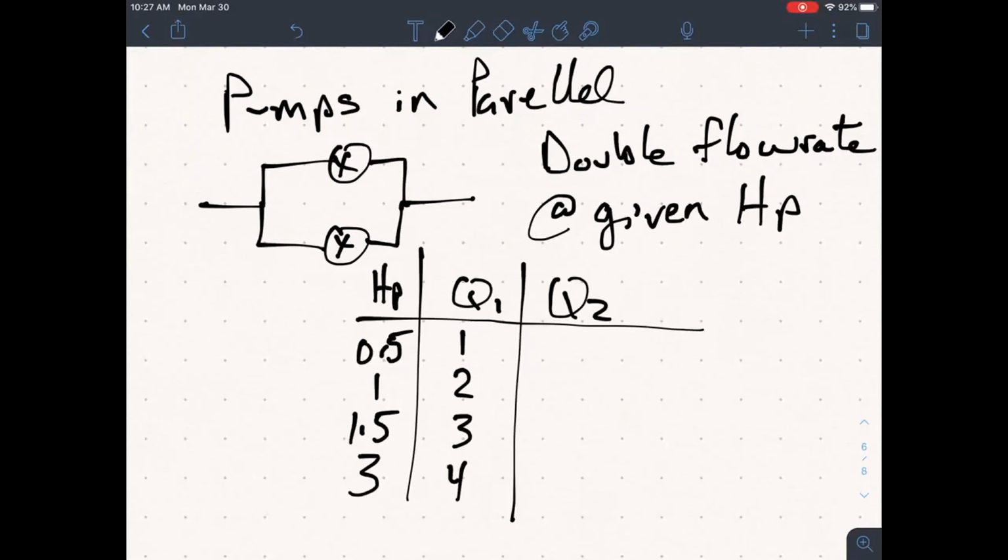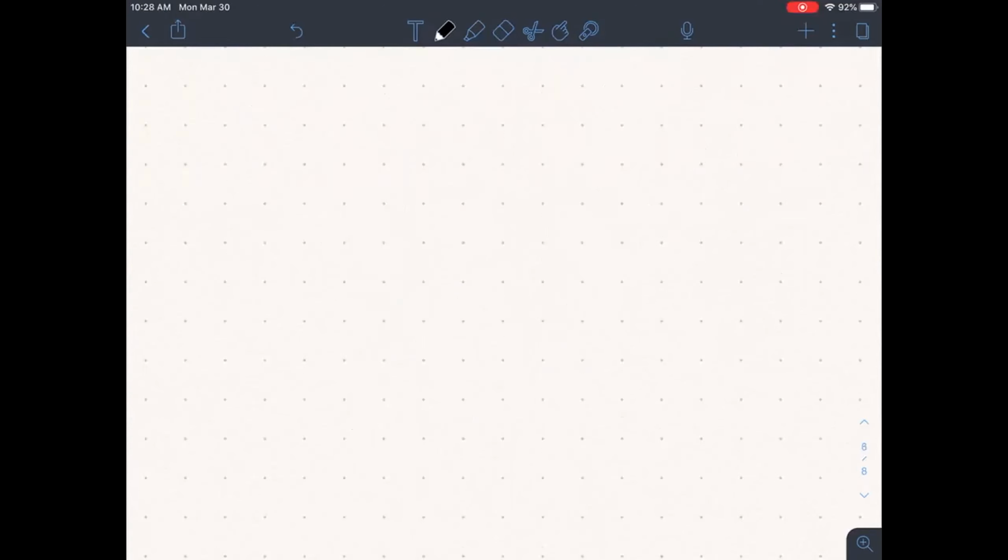Then under our two pumps in parallel, we get 2, 4, 6, 8. So we're just doubling the discharge. And that creates our pump curve. Okay, so we'll just do an example together, and then we can talk about other assignments and stuff like that.